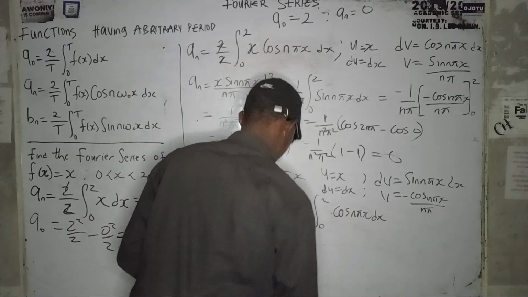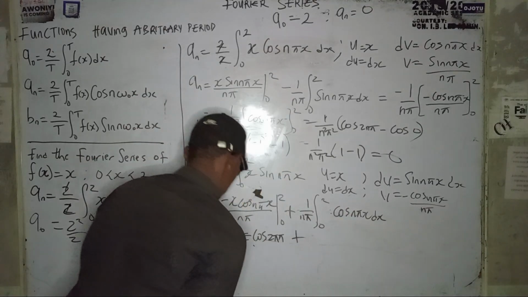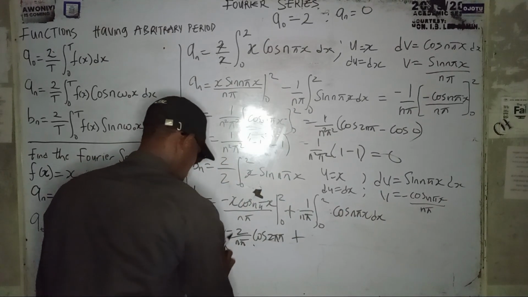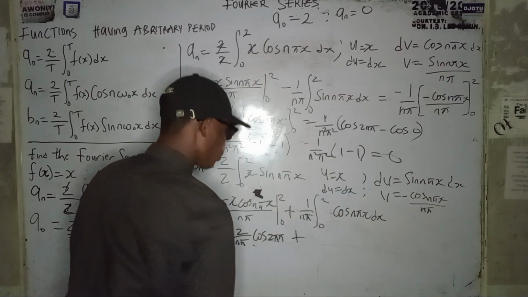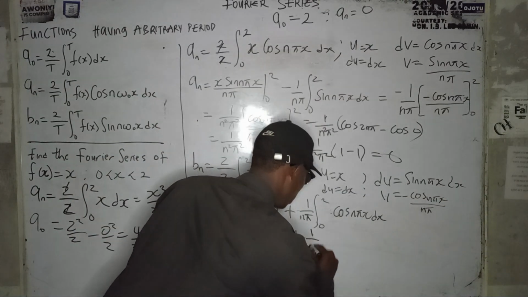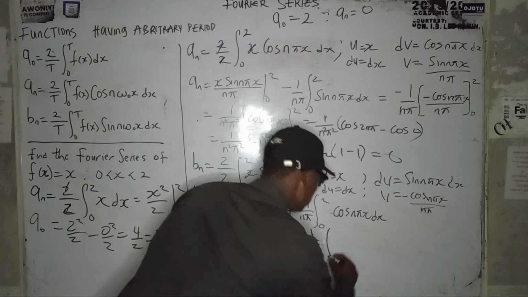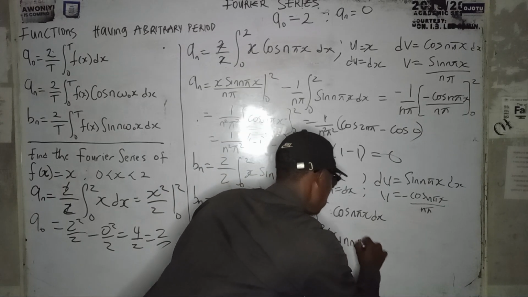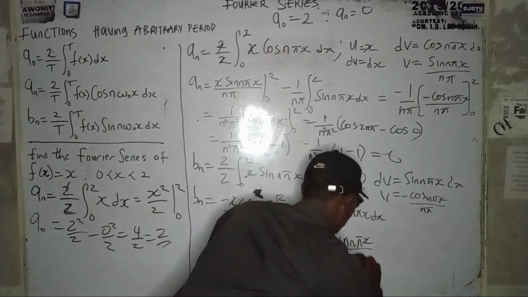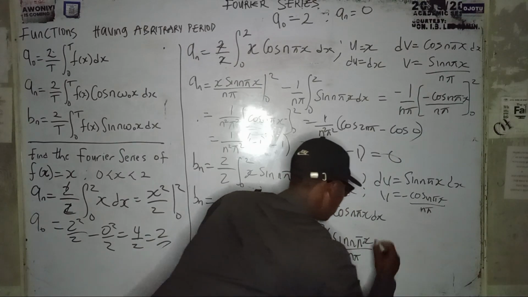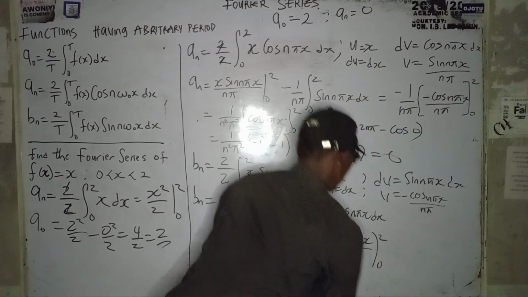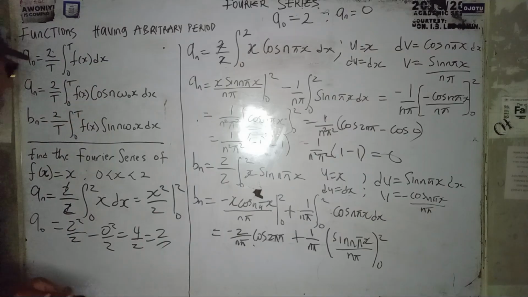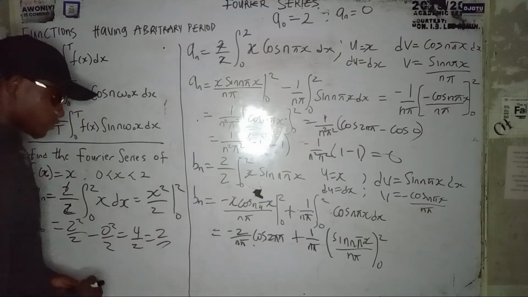So then for the other side here, we have plus 1 over n pi, and then the integration of this is equal to sine n pi x over n pi from 0 to 2.